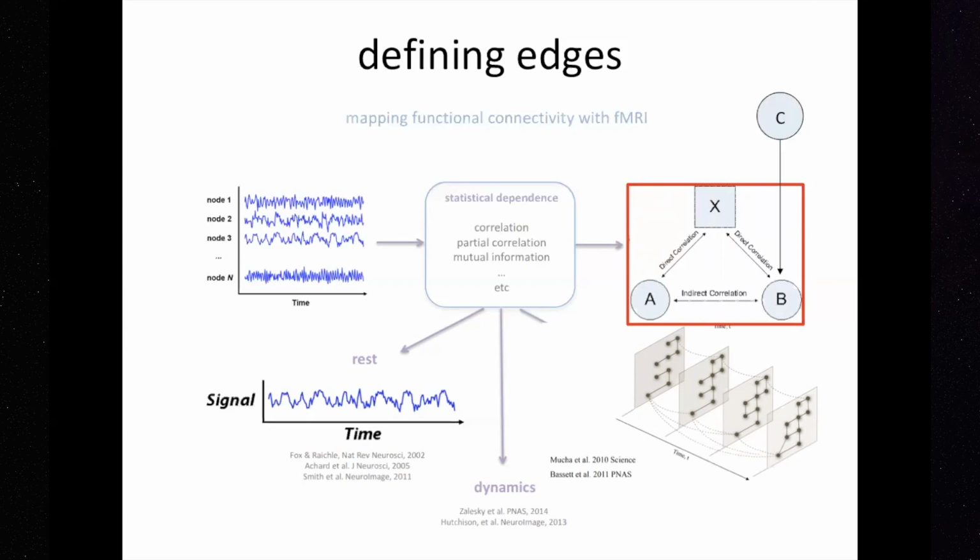This could then be a problem if you want to examine the information flow from an additional region C to A. Then if you have this high correlation among A and X and B, you would make the mistake of going from C to B directly to A, and you would underestimate the path that the information would actually have to take over X.